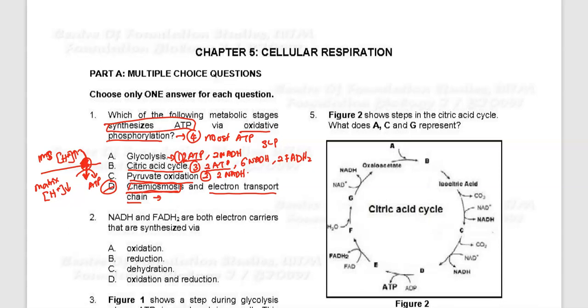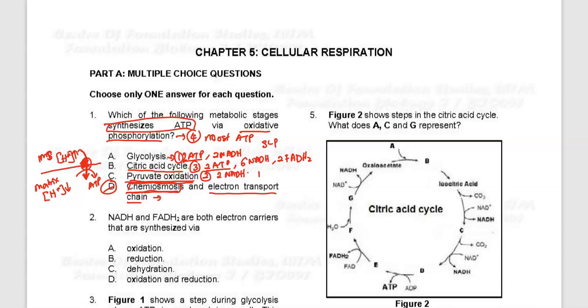So pyruvate oxidation for one glucose molecule occurs twice, because each time pyruvate oxidation requires one molecule of pyruvate to enter into the reaction, that produces 1 NADH. So for one molecule of glucose, it requires 2 pyruvate that will synthesize 2 NADH molecules, right?